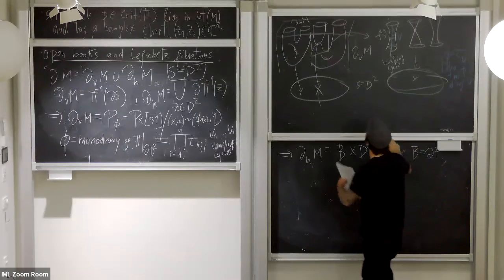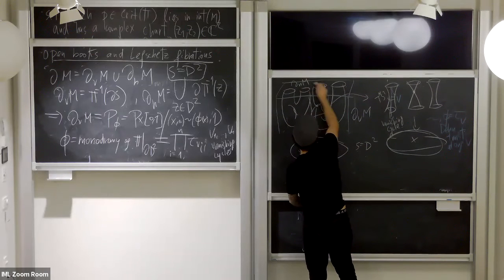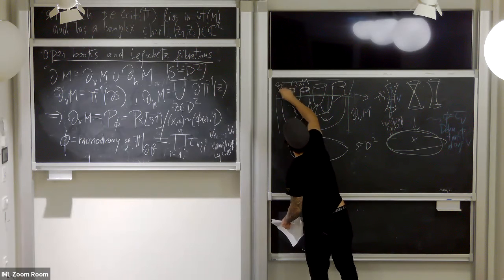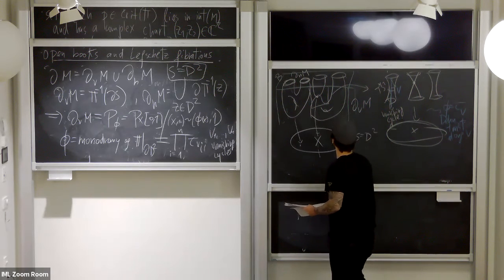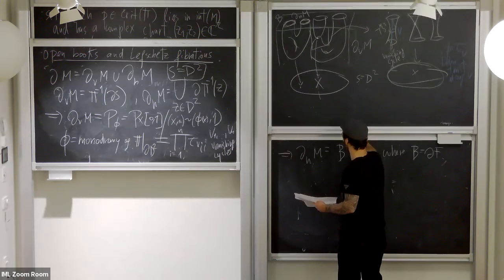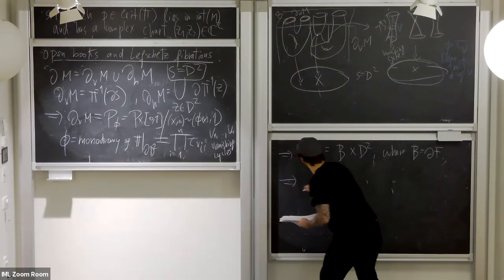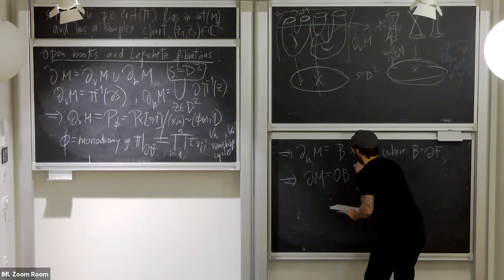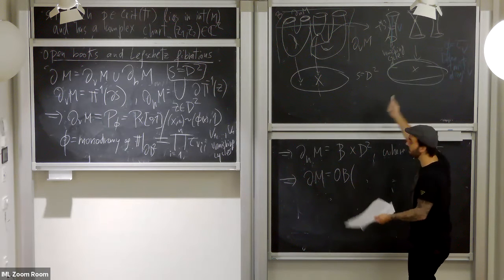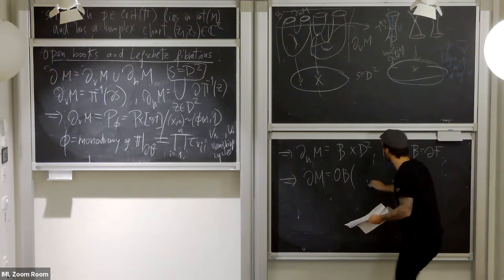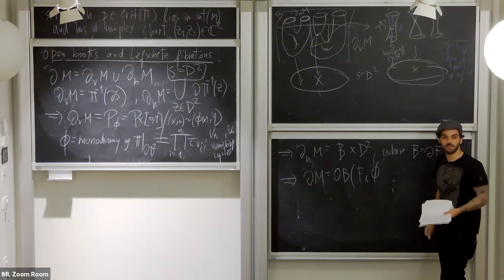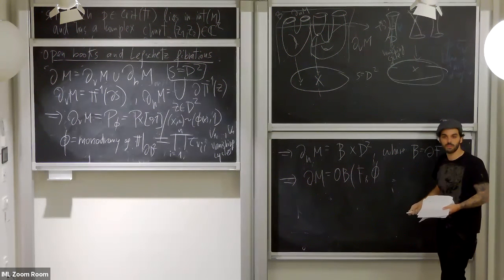So here, B in this picture is a collection of two circles. This is B. So what I just obtained is that the boundary of M is the open book whose page is the regular fiber of the Lefschetz fibration, and the monodromy is a product of positive Dehn twists along the vanishing cycles.